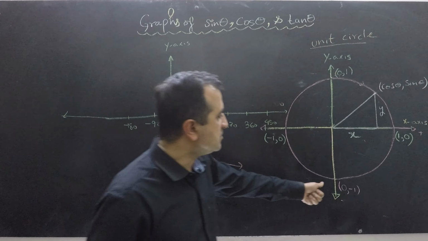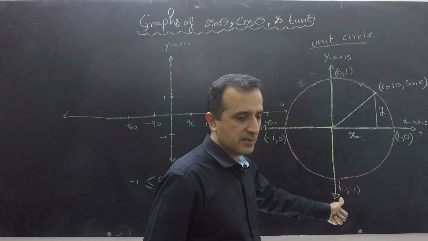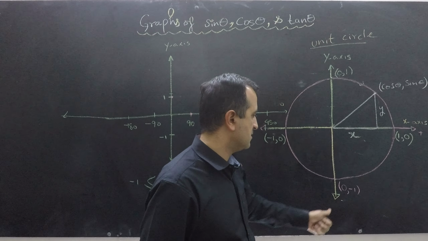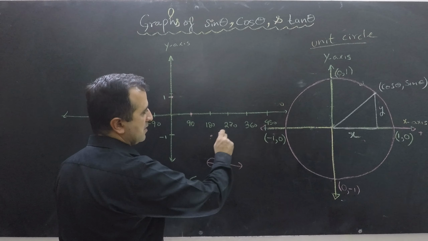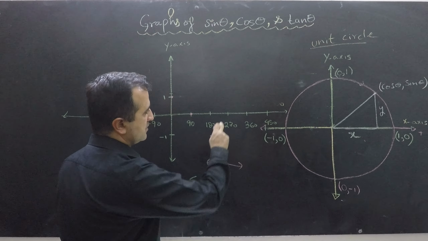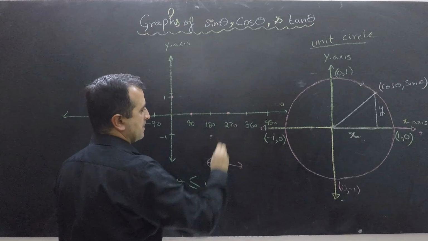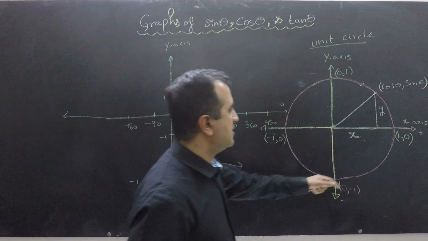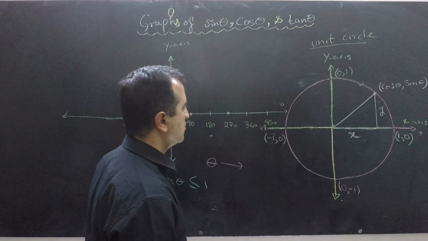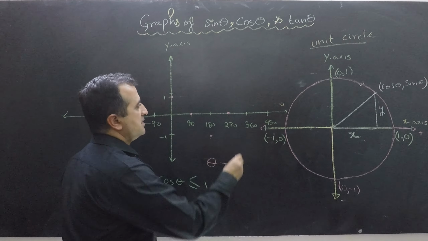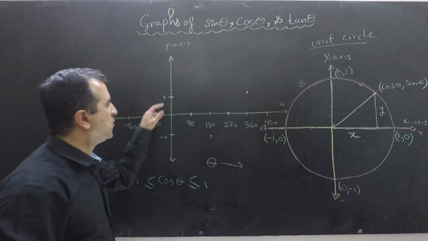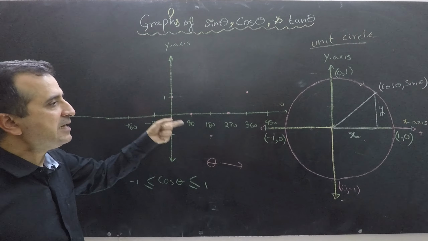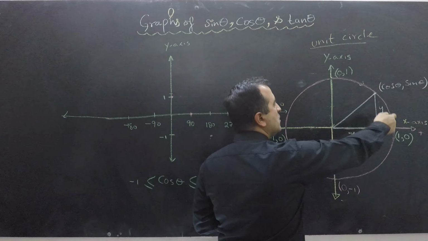And at 270, it's going to be what? 0. Cos is going to be 0, and so it's going to be here. And then at 360, it's going to be what? 1. So 360 is going to be 1. And how we progress from this point to this point is basically the same way, that it was a circular path.